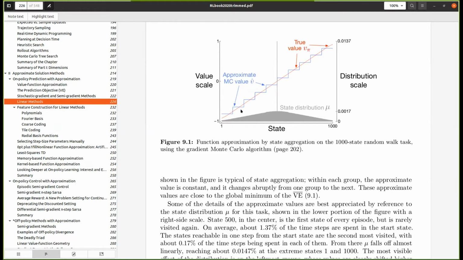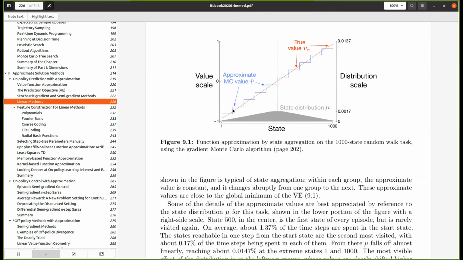Okay, and here you can see the true value function v sub pi shown as a red line, and you can see that we are trying to approximate this red line by this stepwise, piecewise approximation.